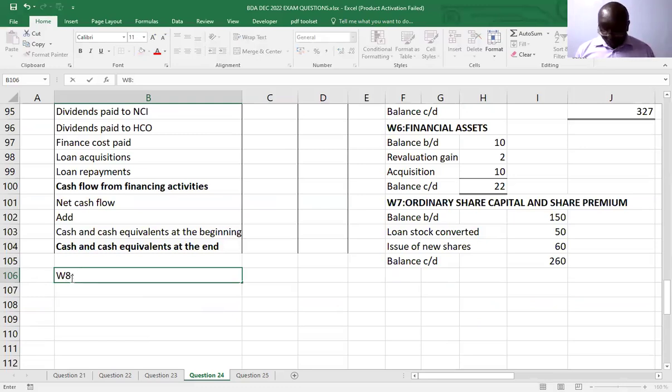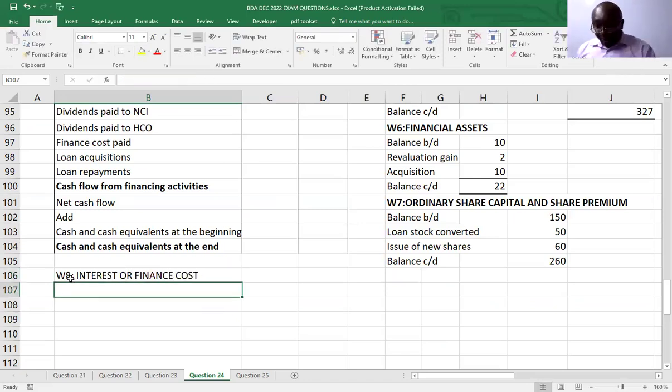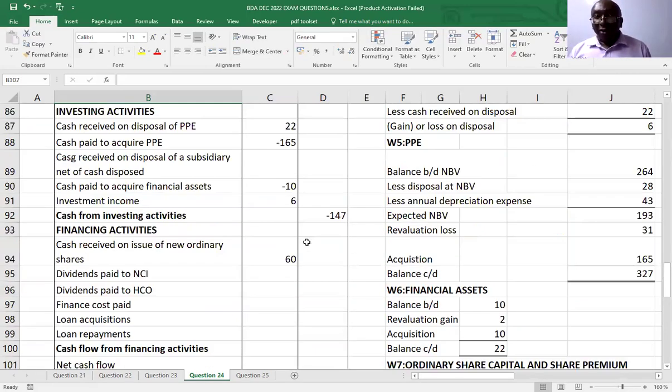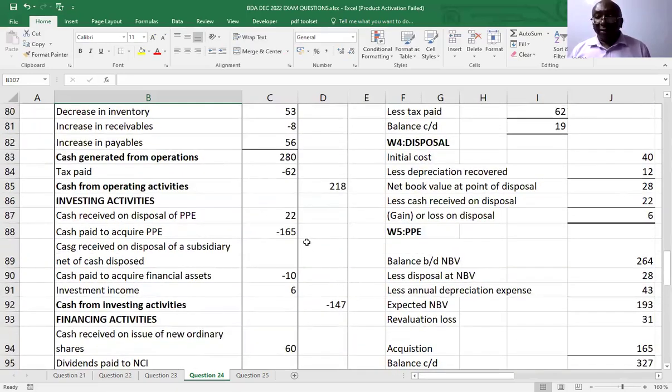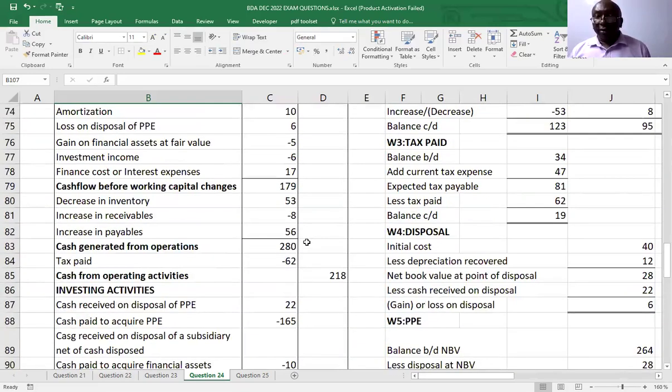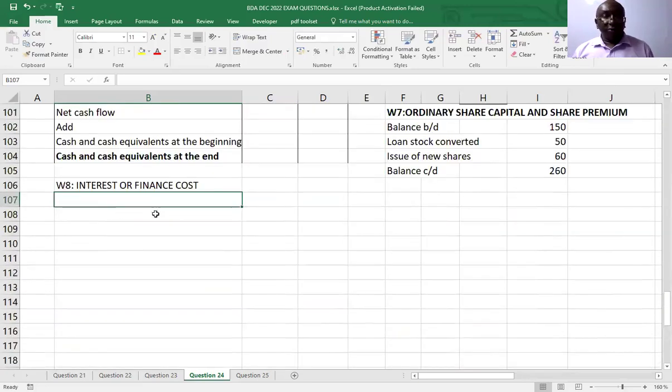I will call it interest or finance cost. So hii ni kama the tax. Actually, naona hapa tulikuwa na tax. Ama we just do instead of copying.